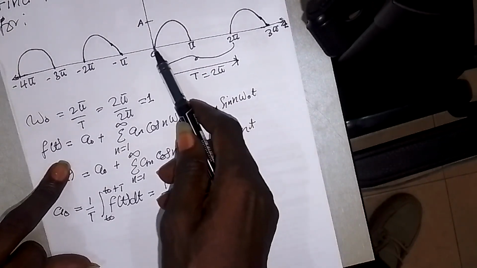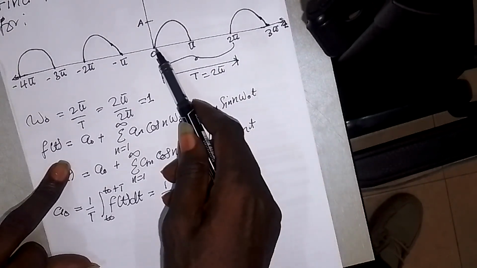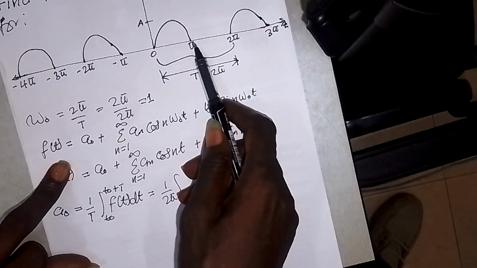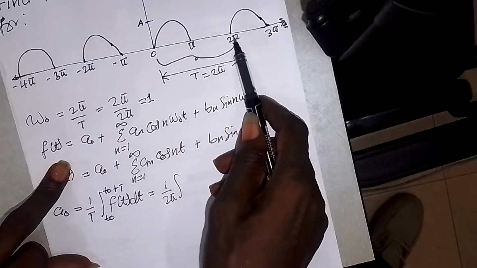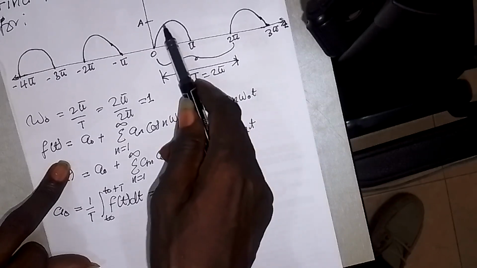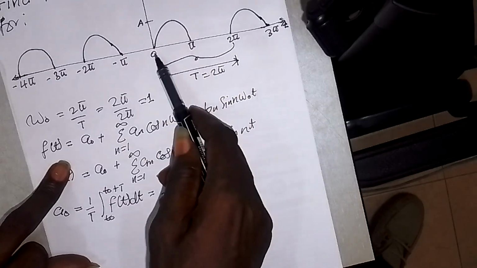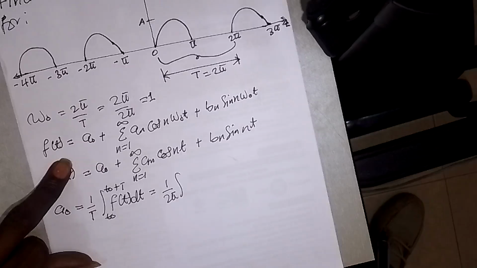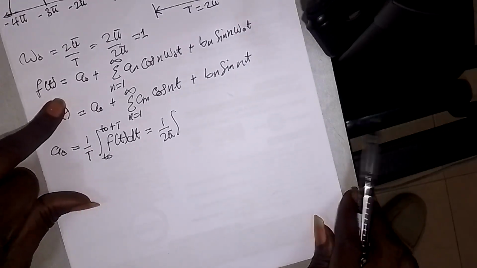The waves are not occurring from 0 to 2 pi. So I'll set my limit from 0 to pi, because from pi to 2 pi there is nothing there. The sine wave is occurring from 0 to pi, so I'll set my limit at 0 to pi.